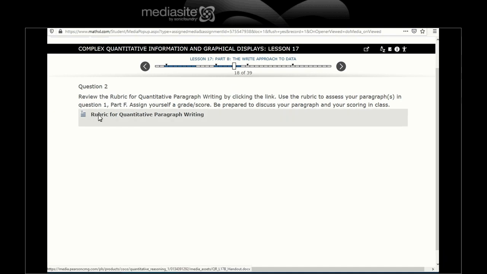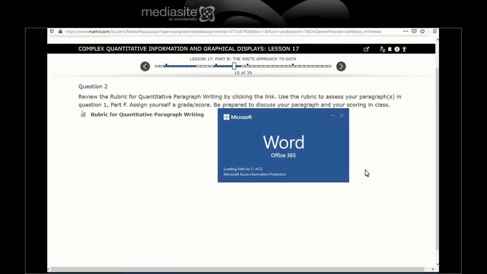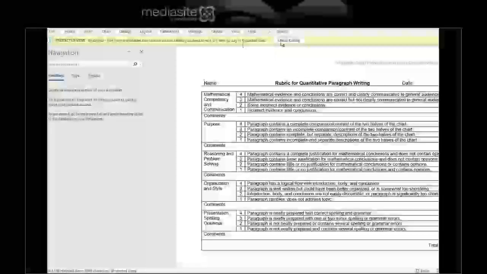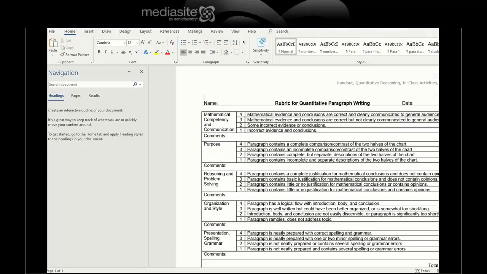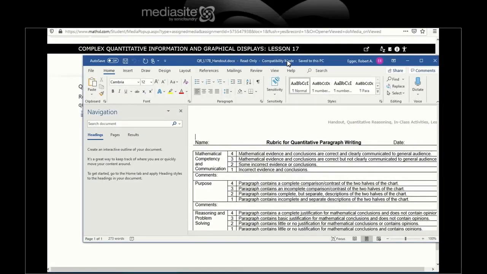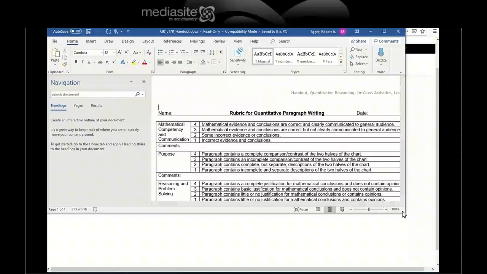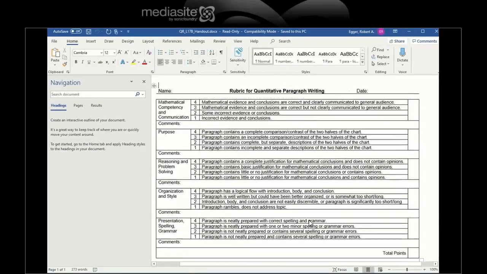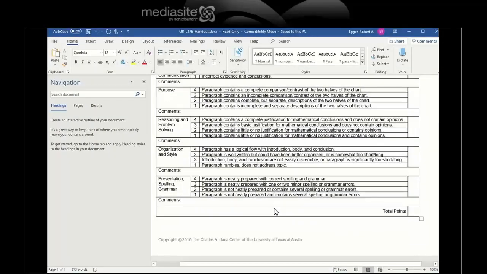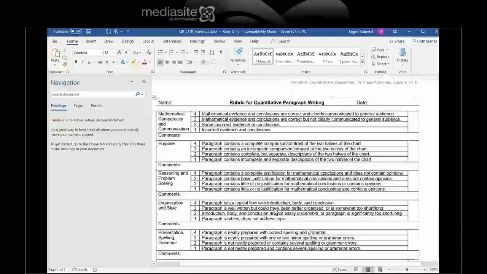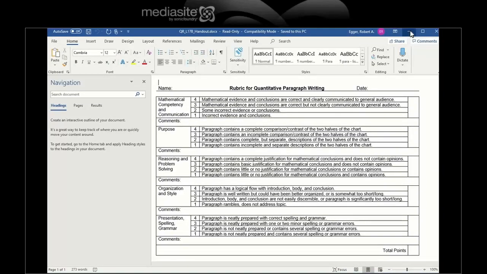Based on what you just wrote, you're going to review this rubric and grade yourself on it. This is a self-grading, for your own personal use.